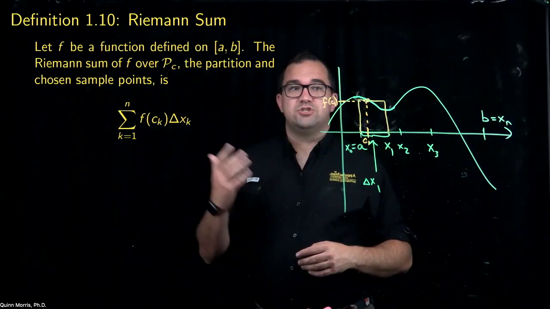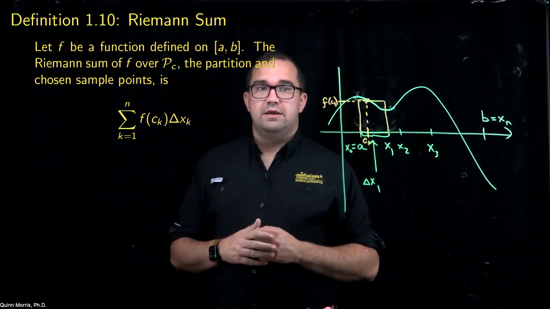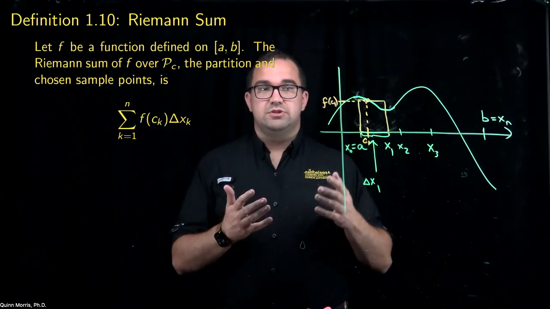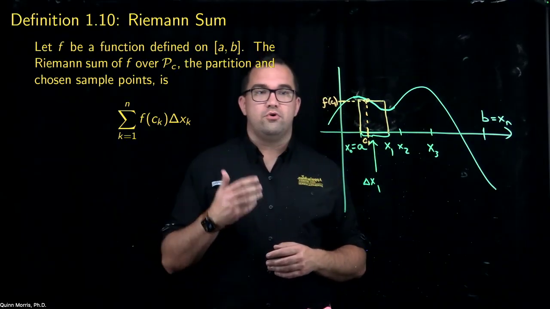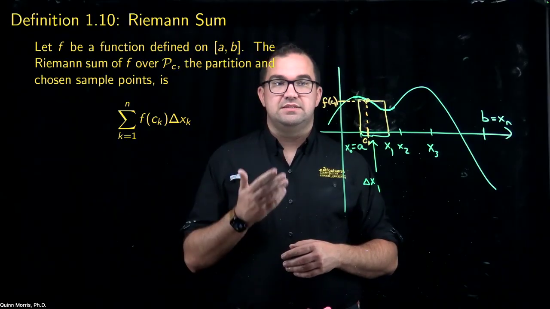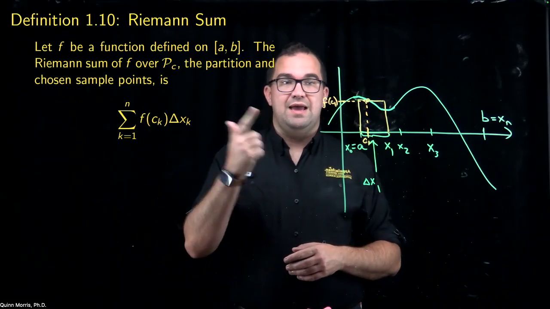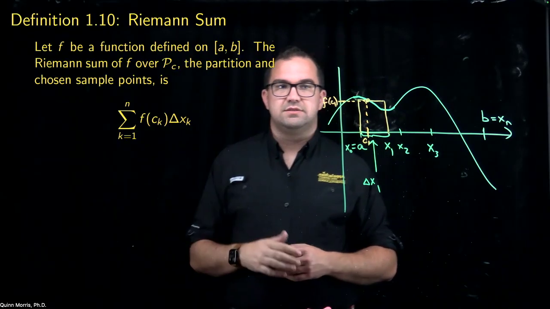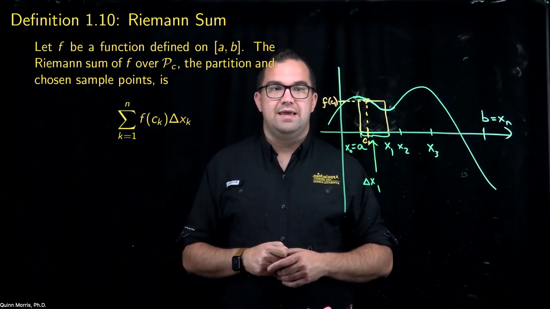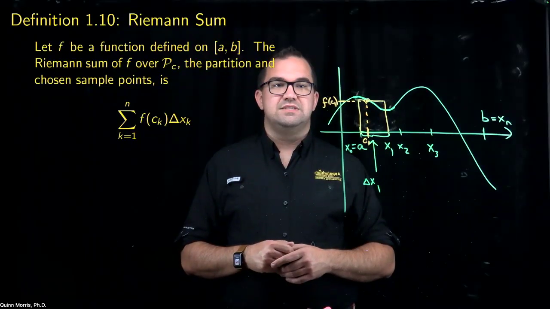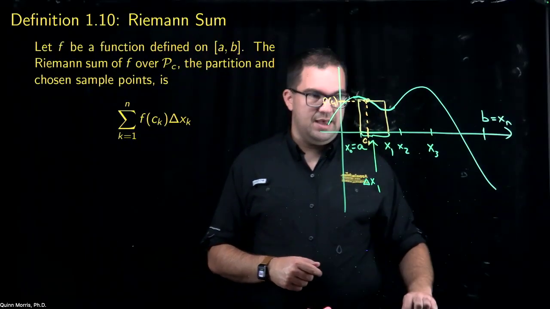Well, now that I have that, I can actually define the Riemann sum. So let f be some function that's defined on AB. Then the Riemann sum of f over the partition P sub C, so that's a partition and the chosen sample points or tags, is given by this sum: the sum k equals 1 to n of f of ck times delta xk.